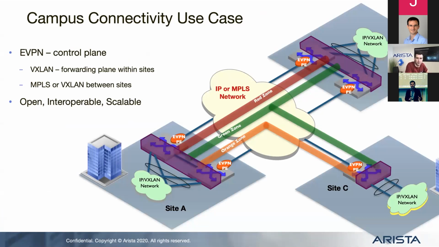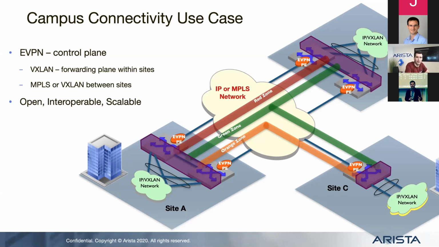You might have multiple sites that have local PoE devices or local campus devices. You can use VXLAN within those environments to provide separation. And then between the environments, we can use IP or MPLS as a forwarding plane for connectivity between them as well. And again, it's open, interoperable, and very scalable too.